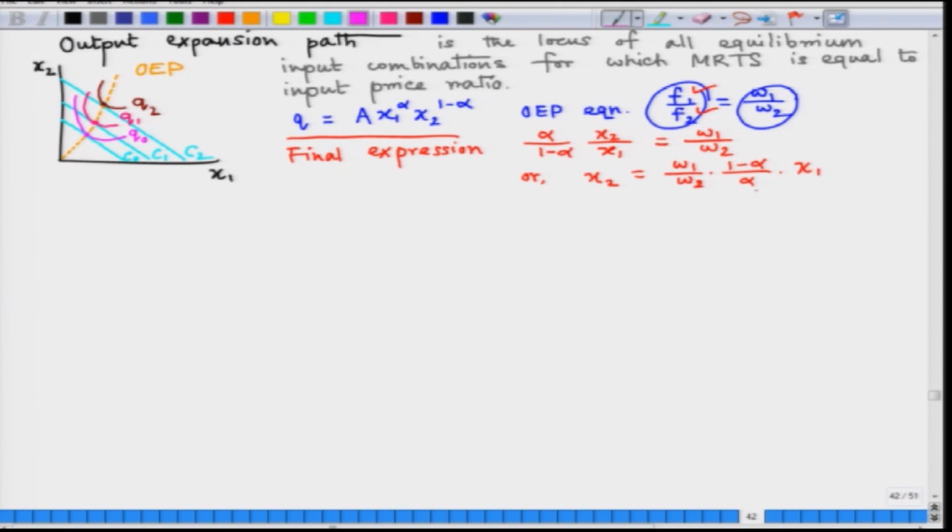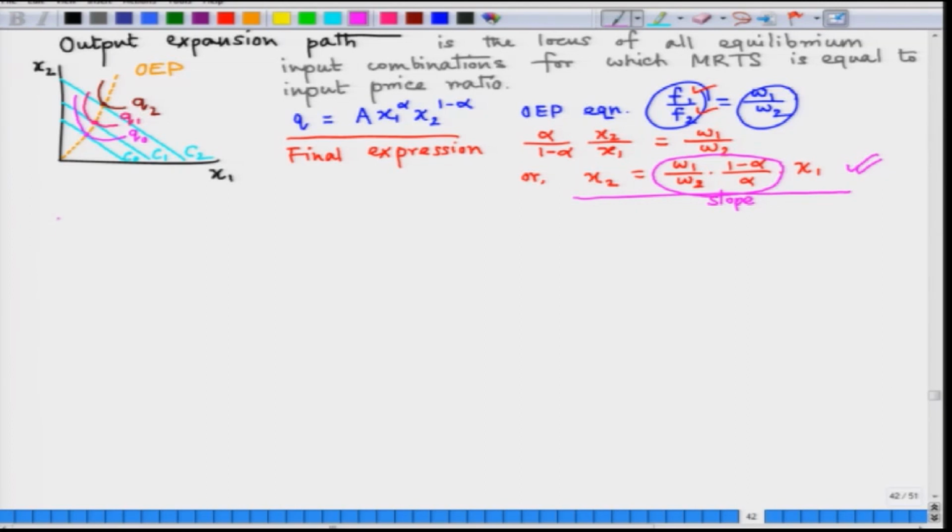Now, have a look at this final expression. This is an equation of a straight line where this component is basically the slope and this does not have any intercept. So, this provides me an equation of a straight line from origin.